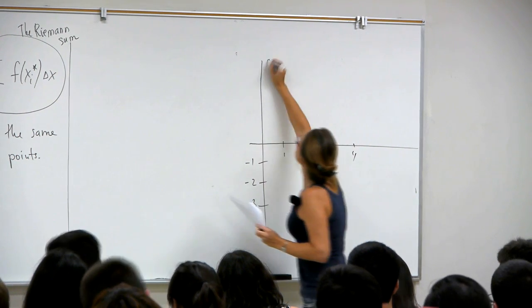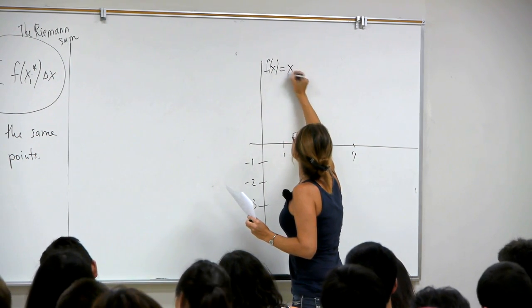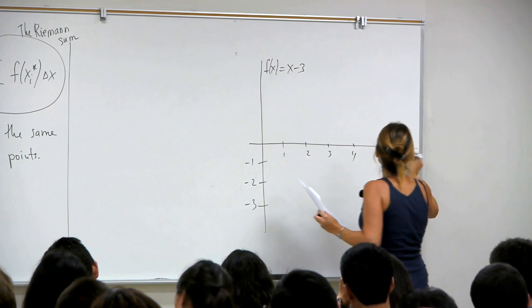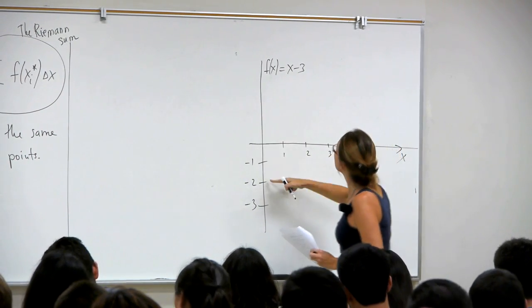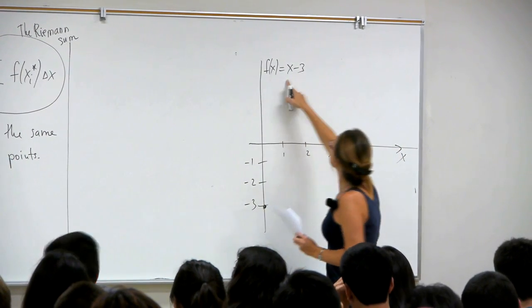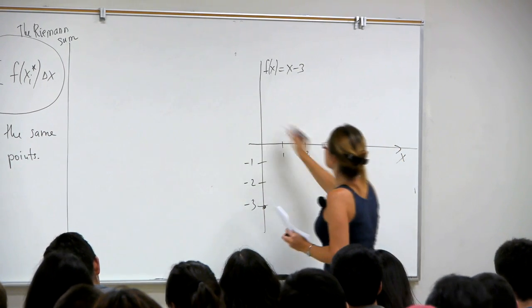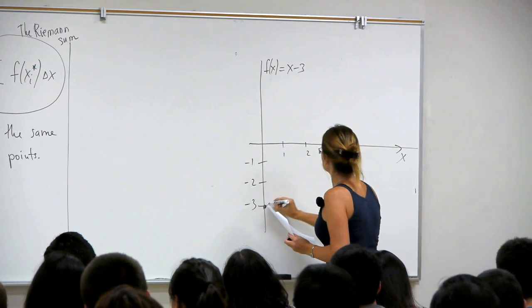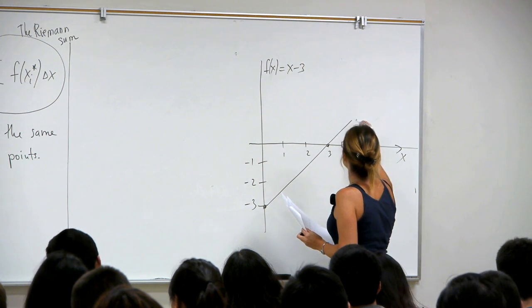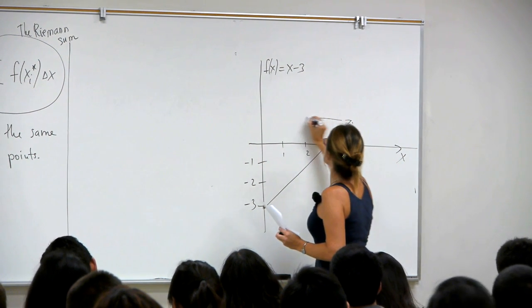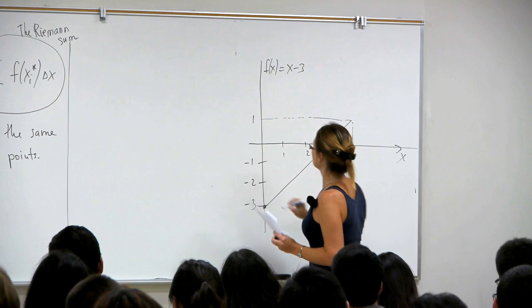So let's plot f of x, which is x minus 3, as a function of x. At 0, we get minus 3. It crosses the horizontal axis at 3. Okay. Its value at 4 is equal to 1.